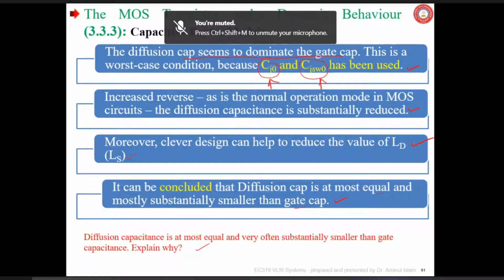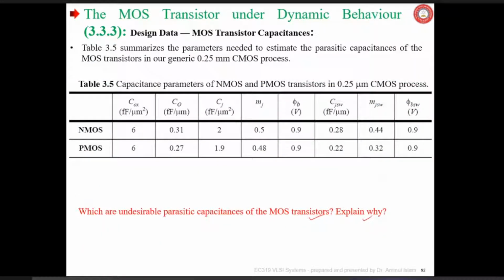This is the conclusion of this discussion. Here are the values given for those discussed capacitances: overlap capacitance, junction capacitance, etc. COX is 6 femtofarad per micrometer square, and 0.31 femtofarad per micrometer is the overlap capacitance.